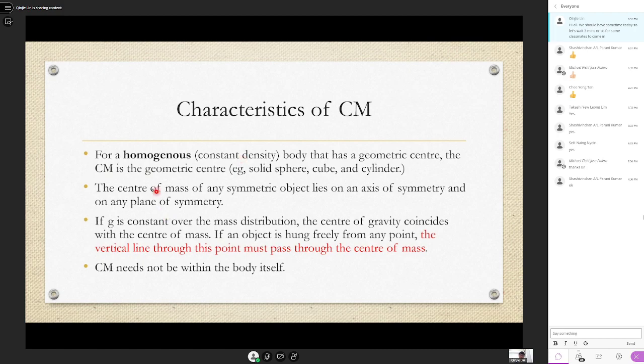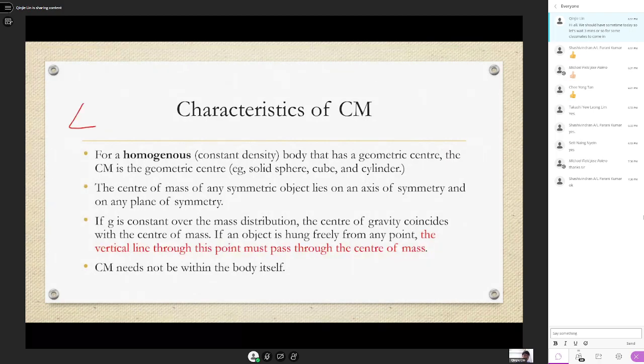Okay, the center of mass of any symmetric object lies on an axis of symmetry and on any plane of symmetry. That means for a symmetric object, the CM will lie along the symmetry, which is of course common sense, but it's one of the characteristics.